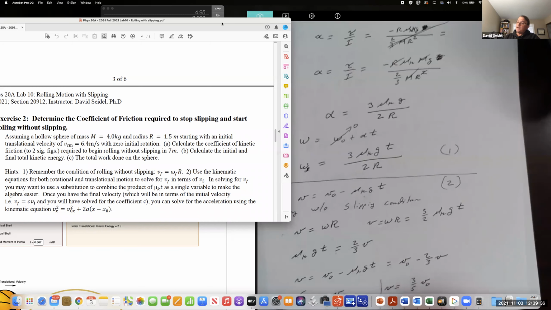So that seems like a pretty big deal to me. V equals 3/5 V0.